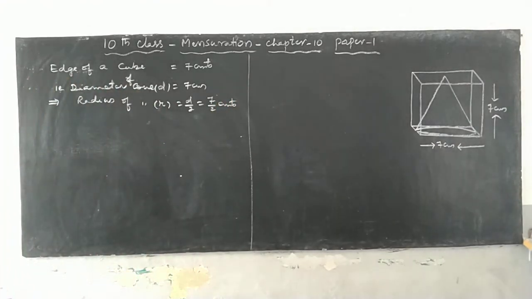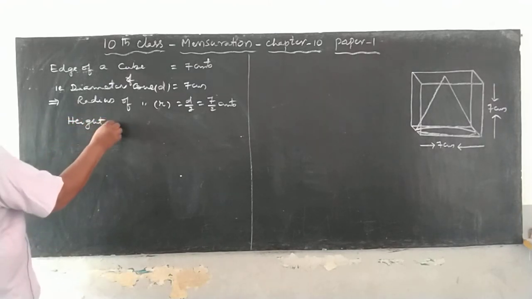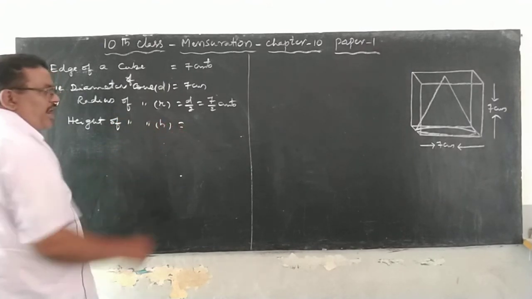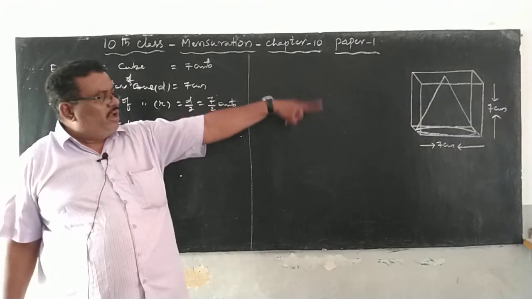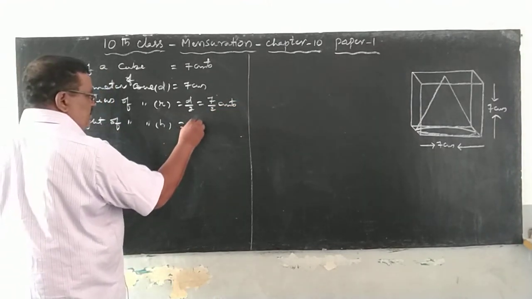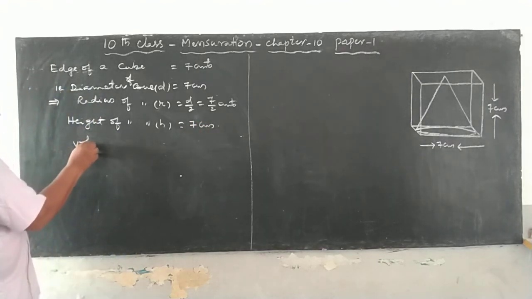Radius of the cone is 7 by 2. Height of the cone h is equal to the edge of the cube, so the height is 7 centimeters. Now find the volume of the cone.